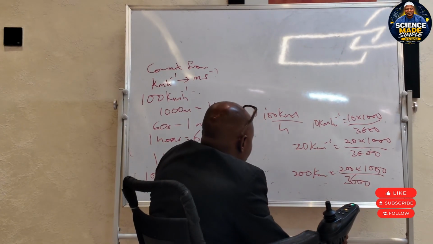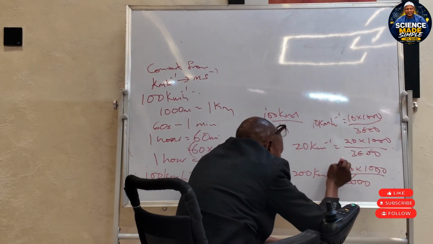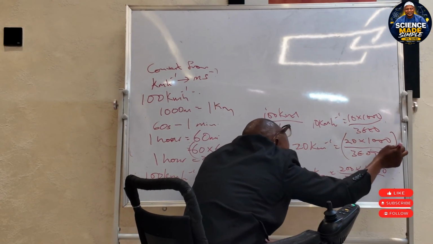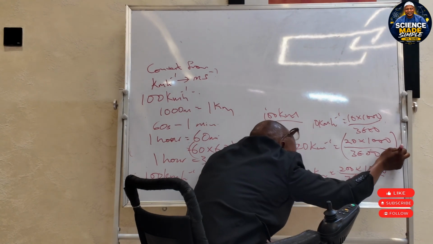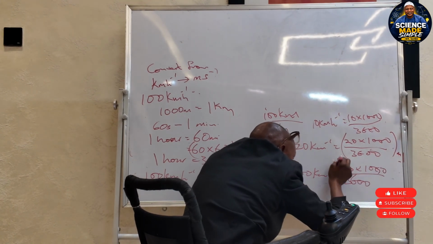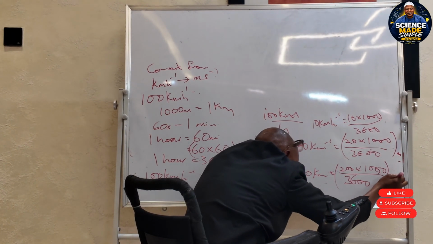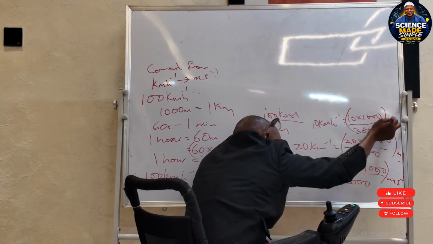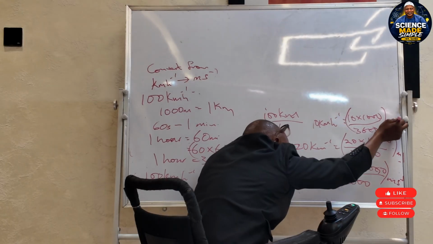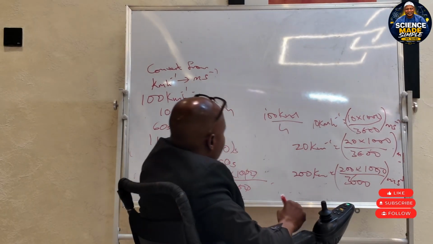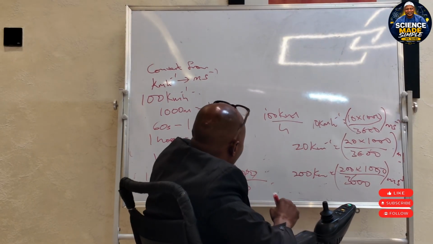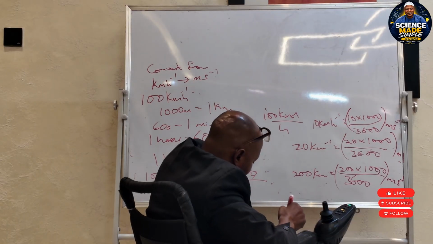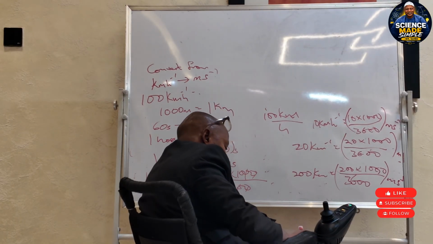The value you get for all these will be in meter per second. So that's how to convert from kilometer per hour to meter per second.